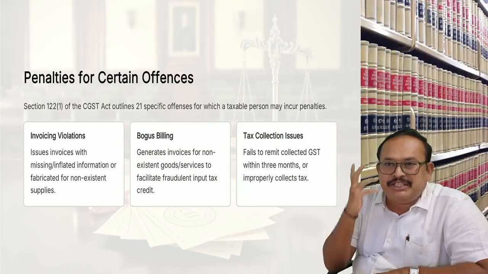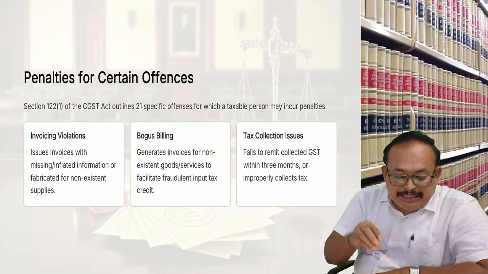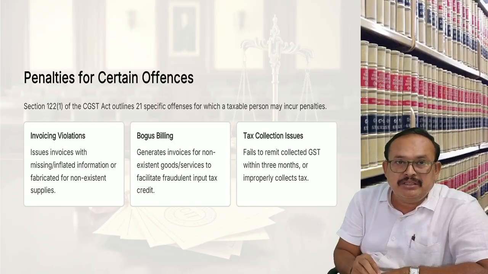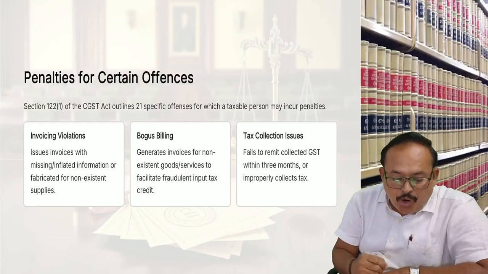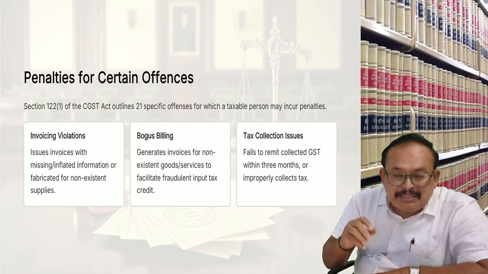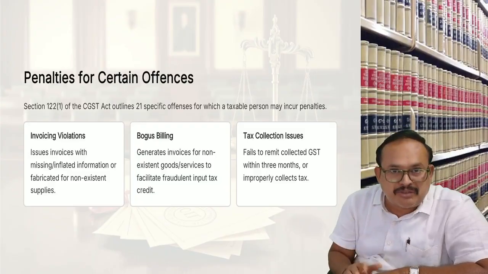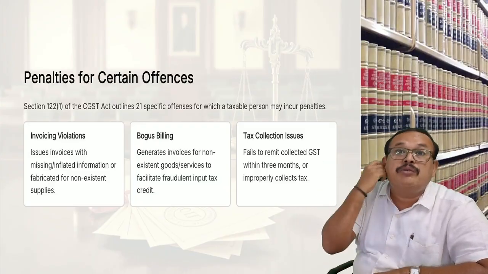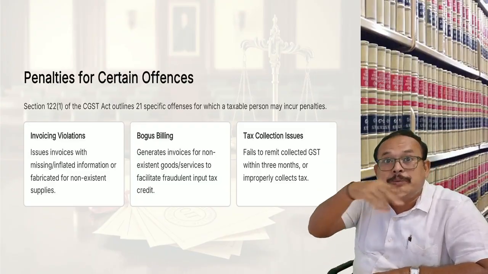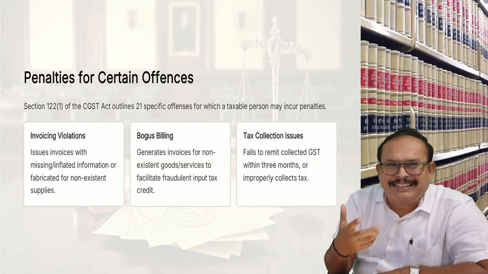Here, invoice violations: issue of invoice with missing or inflated information, meaning a defective invoice, or fabricated for non-existent supply. Meaning what? Issue of invoices without supply of goods and services, or issue of invoices for 2 lakh rupees but worth of goods 20 lakh rupees, like that.